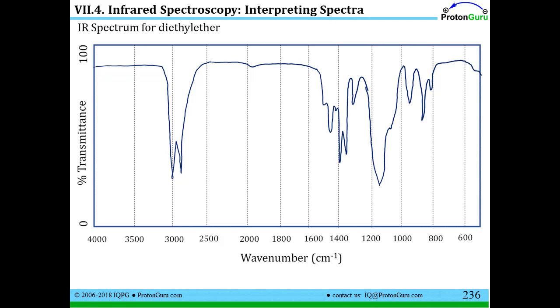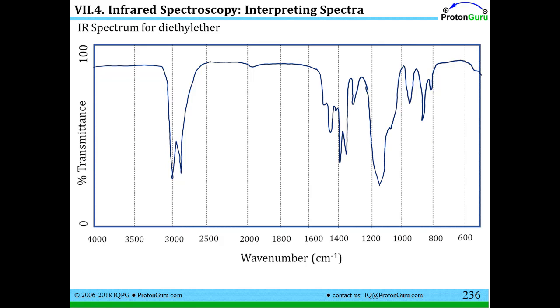Now in this spectrum, we don't see the presence of a CO double bond. We don't see the presence of a CC double bond. We don't see the presence of a CC triple bond. We don't see the presence of any of those features to the far left, high energy side of the spectrum.